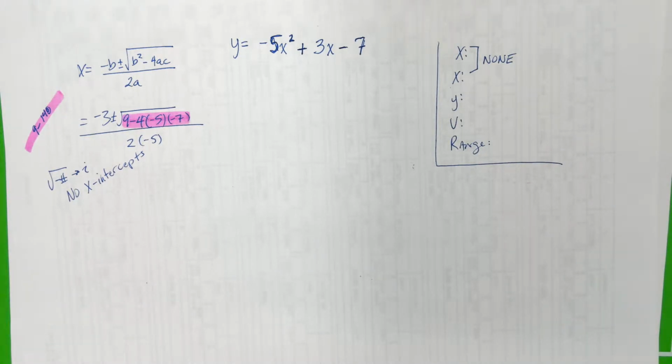So based on that, if that part is negative, then there's no x-intercepts. It's imaginary.